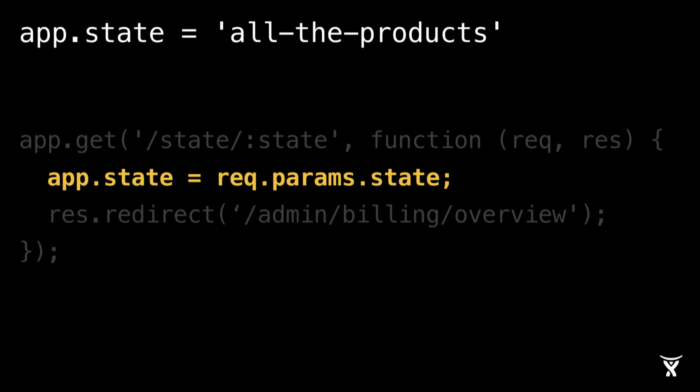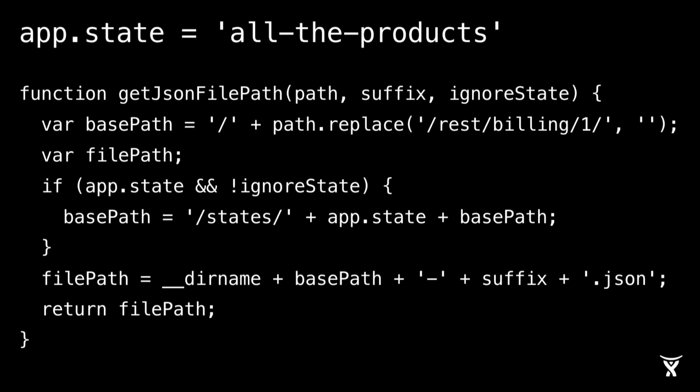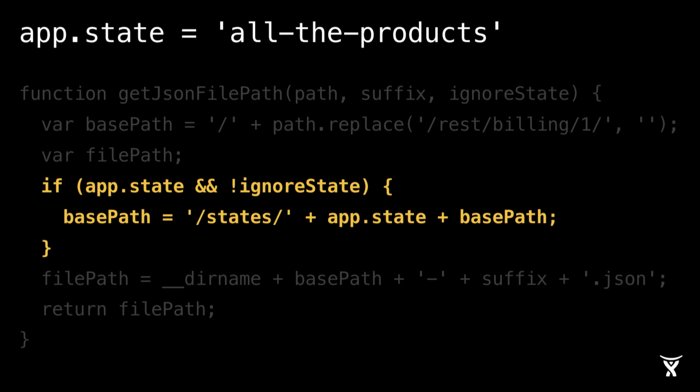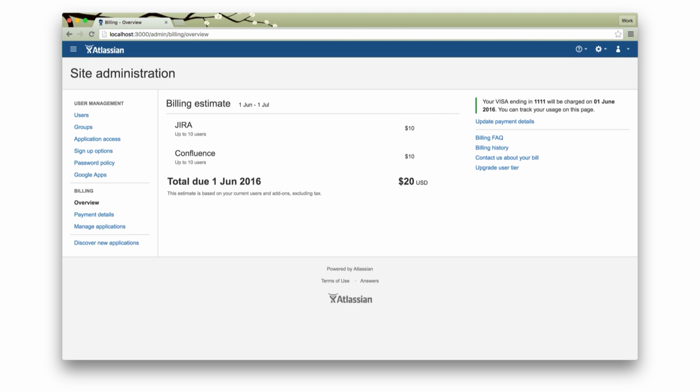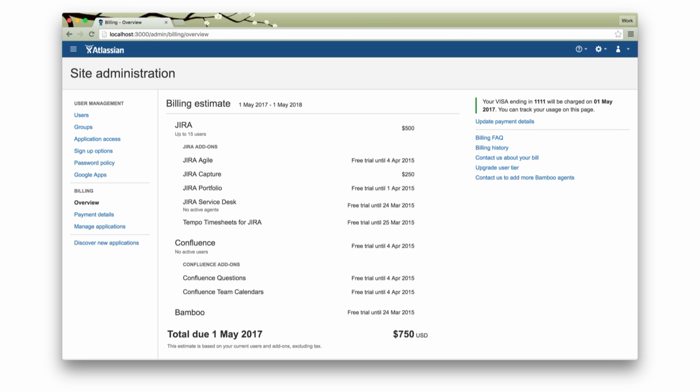And what happens is when we actually get the JSON file, we would look into the app.state, and if it exists, we'd look within the states directory and underneath that directory in order to find the relevant JSON file. So in this case, all the products, inside there is the relevant JSON files to simulate all the products. So instead of always developing against this one single state, we were able to easily switch between different states.